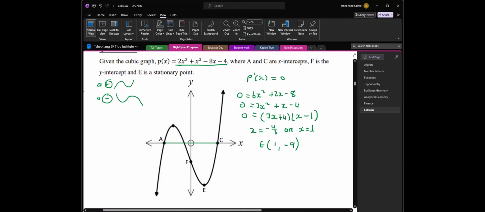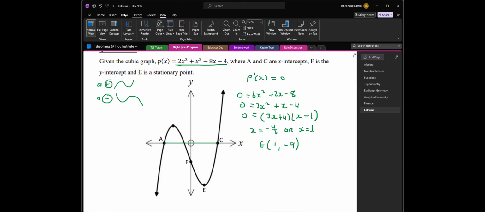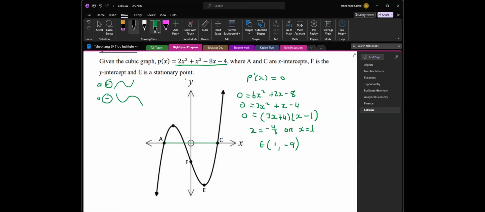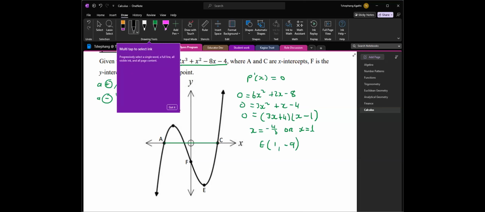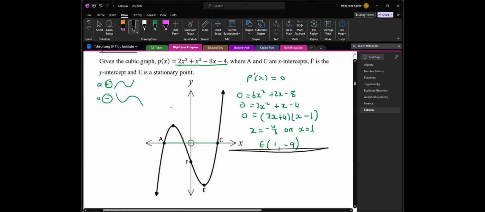Remember that we have a factor. So let's change my color. Okay. So x minus 2 is a factor. Okay. Now, what do we have here?